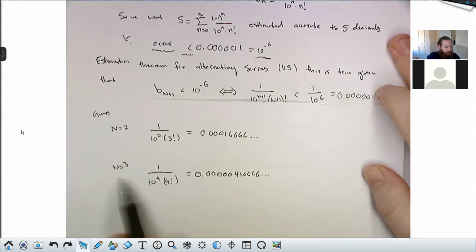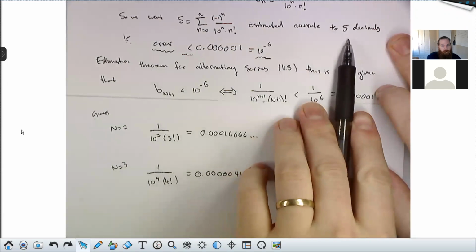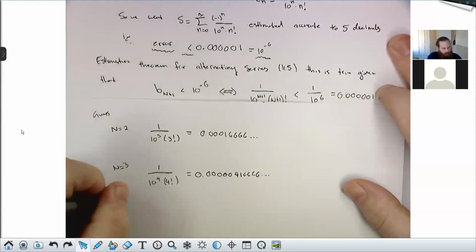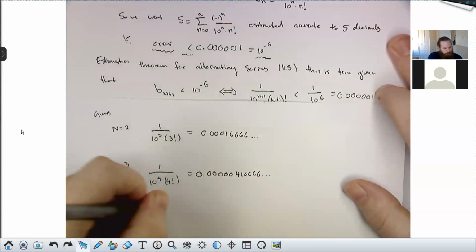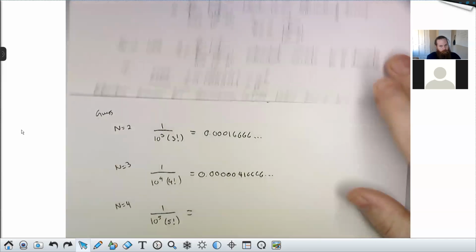This might be enough to get the desired accuracy. But if we really want to be safe, we should go one more until that inequality is satisfied. So when n is equal to 4, this would be 1 over 10 to the 5 times 5 factorial. Let's see what that is.